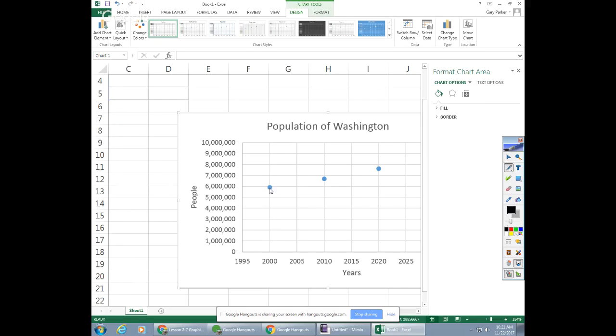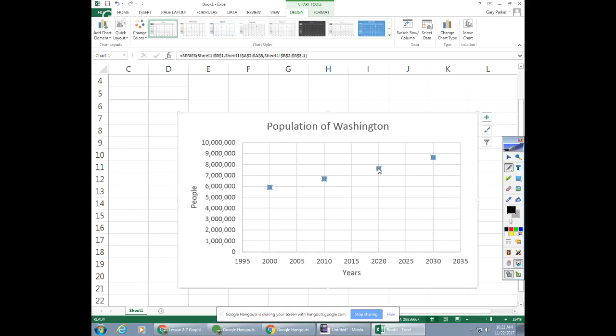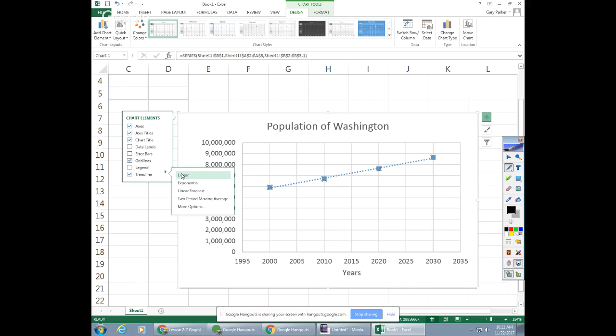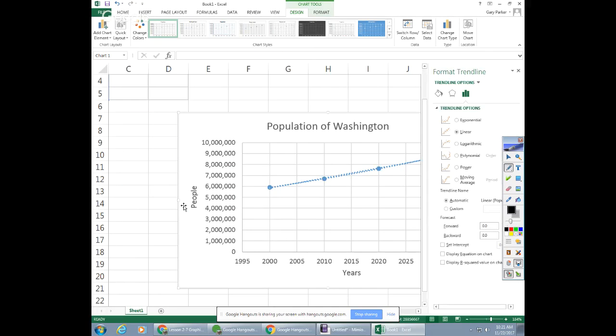As far as getting the trend line in Excel, there's a couple of different ways to do it. One way is if you right-click on the points, you can click Add Trend Line. And then they added a new option over here where you can throw a trend line in. And then clicking that arrow there gives you the trend line option. So I can say make it linear, make it exponential. I can go back there to more options.